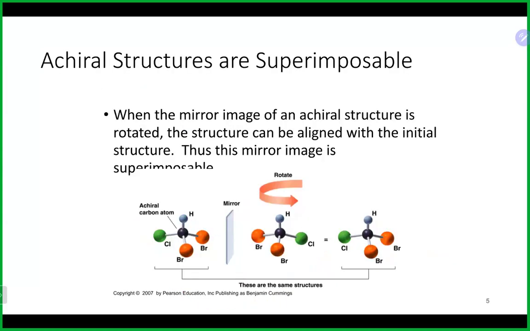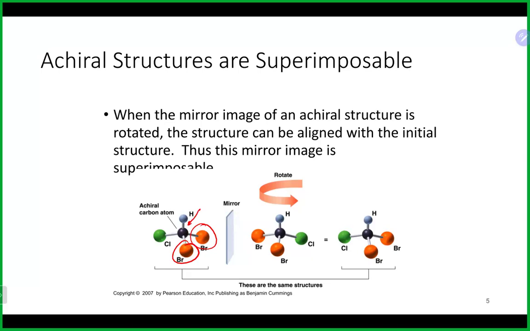Different from that is what is referred to as achiral. Achiral compounds are mirror images that do superimpose on each other. So this would be something that does not have four different things attached to that carbon. In this case, because we have two bromines attached to the same carbon, this makes it achiral.